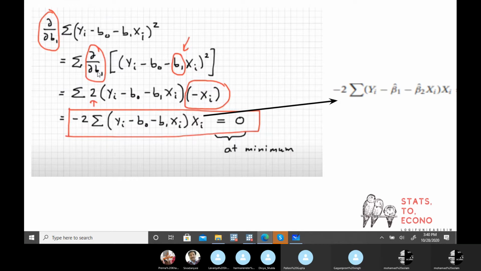Here beta 2 hat is the estimate, so its coefficient is minus xi, so you have to multiply it with minus xi. Now this xi is not a constant, so just take the -2 out of the summation, and the remaining part is equal to 0, the first order minima condition.